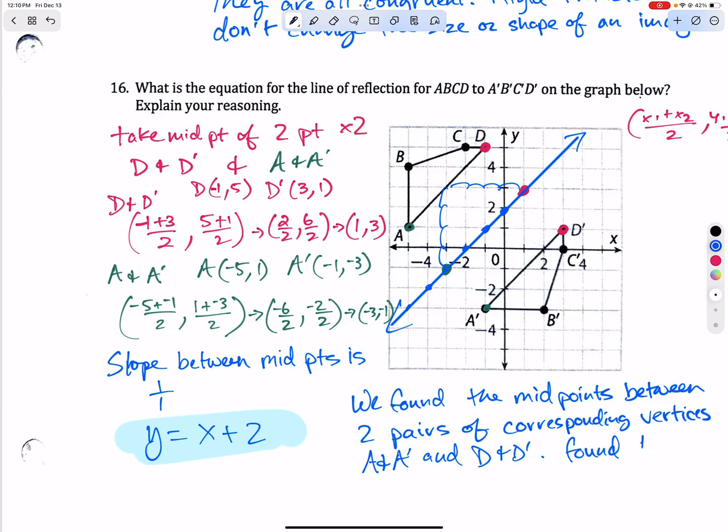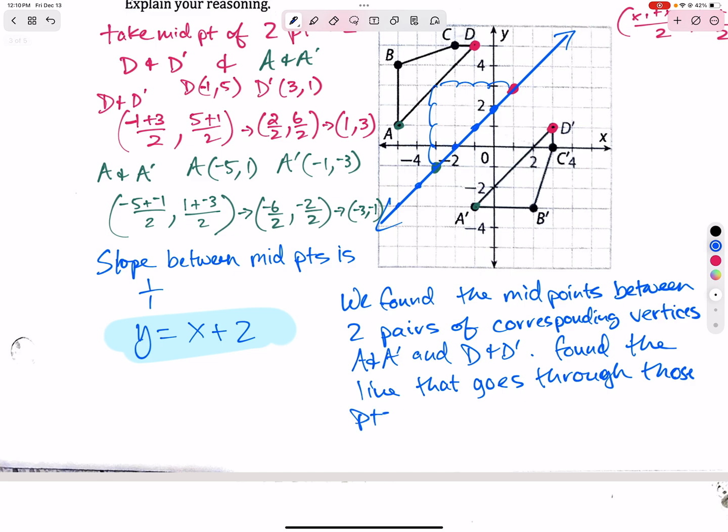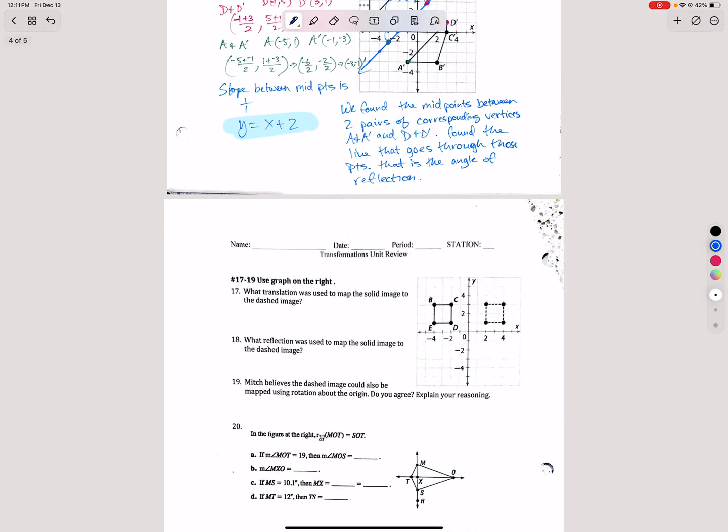Found the line that goes through those points. That is the line of reflection.